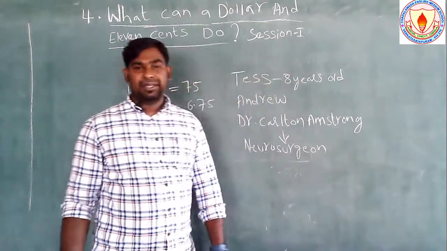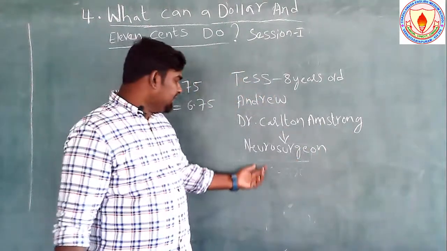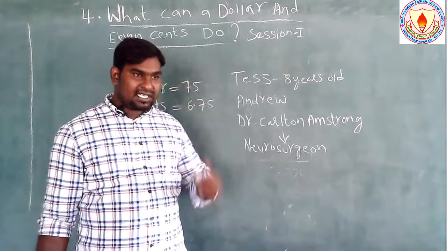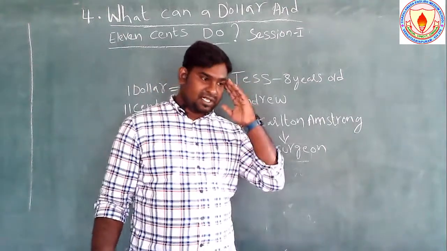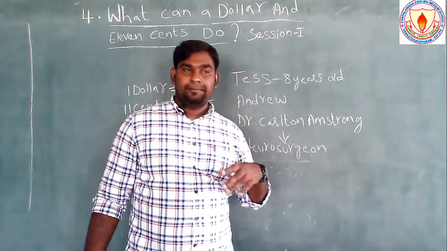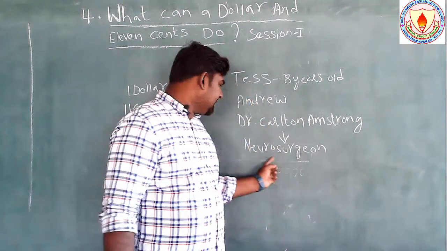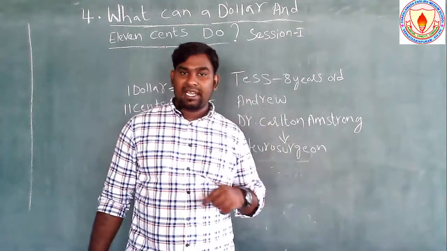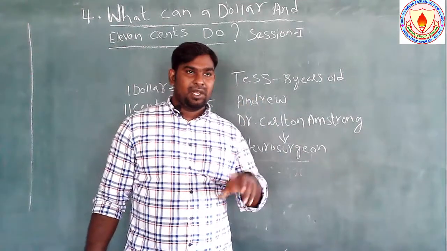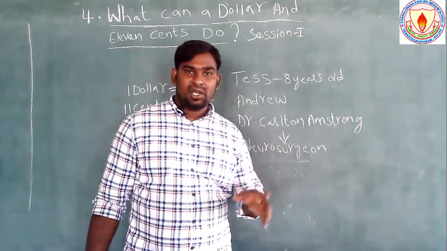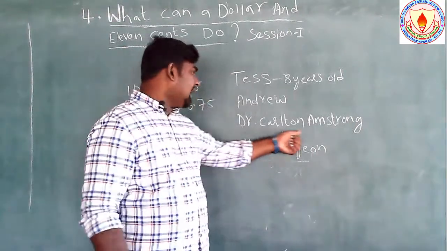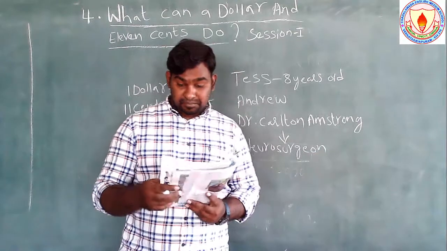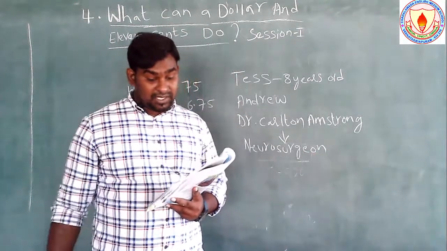He is a famous neurosurgeon. Who is a neurosurgeon? The one who deals with the activities of the brain, the treatment and the activities of the brain, is called a neurosurgeon. The problems related to the brain and all those surgeries are done by the neurosurgeon, and his name is Dr. Carlton Armstrong.